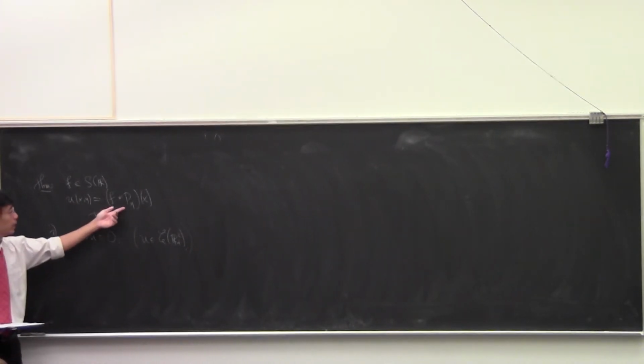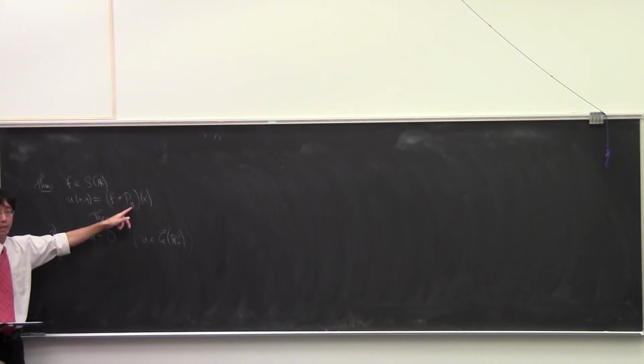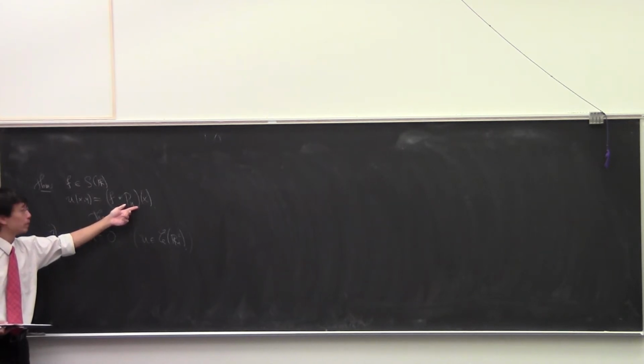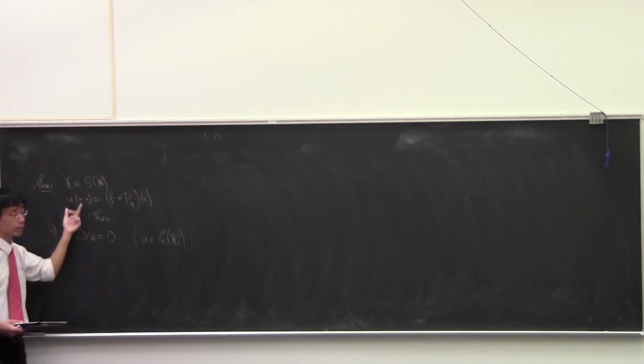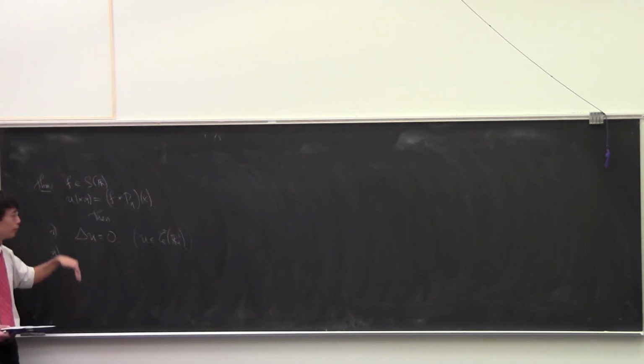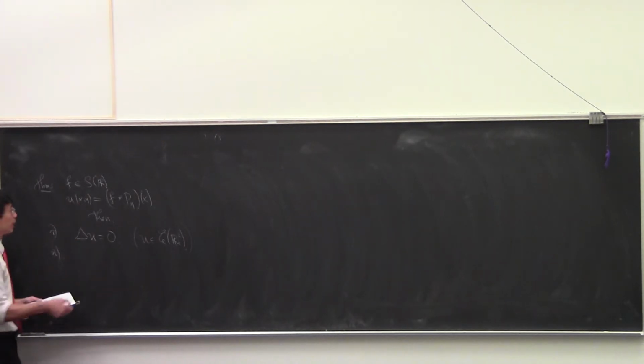You see what happens as y goes down to 0. We just noted that p sub y is a good kernel. So what's going to happen? This is going to recover the function. It will converge back to the initial data as we wanted.